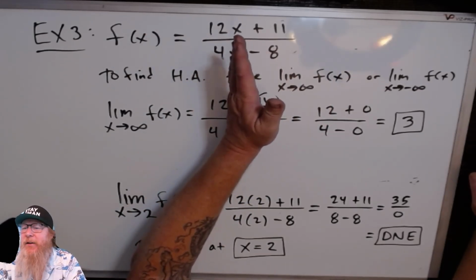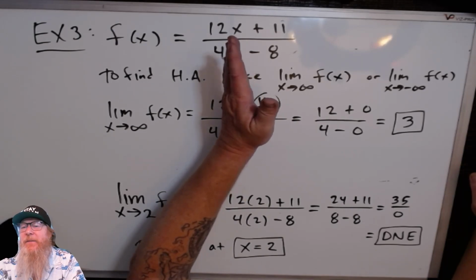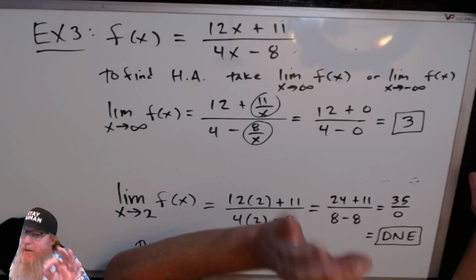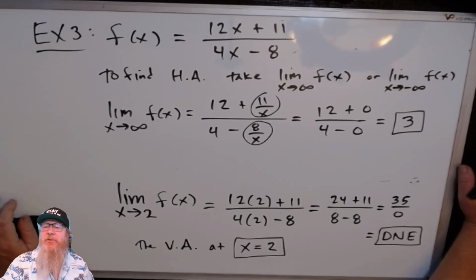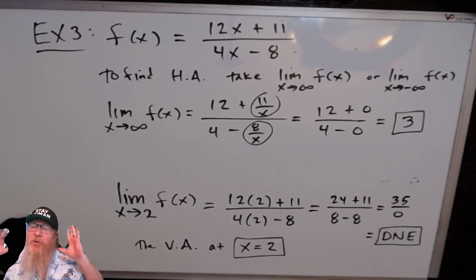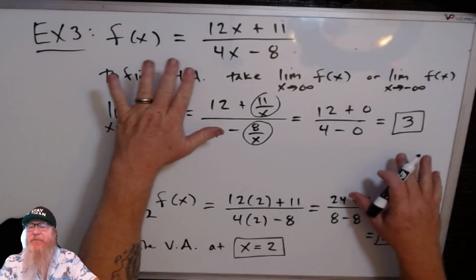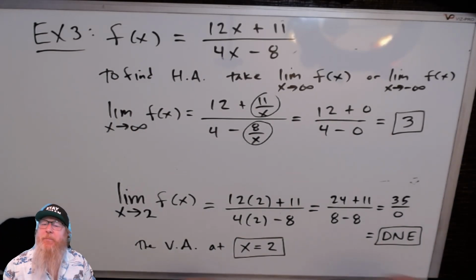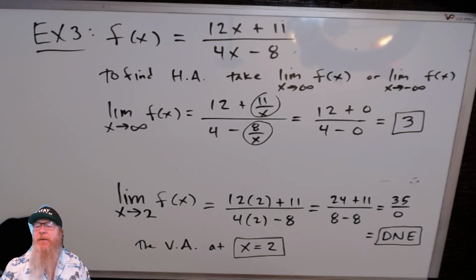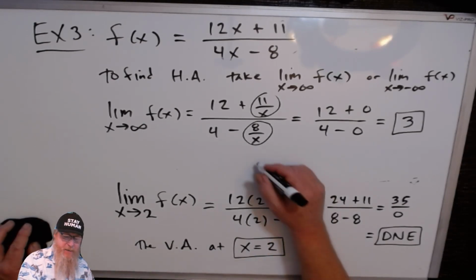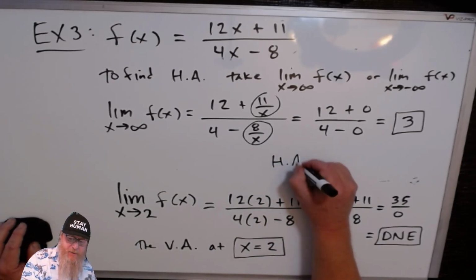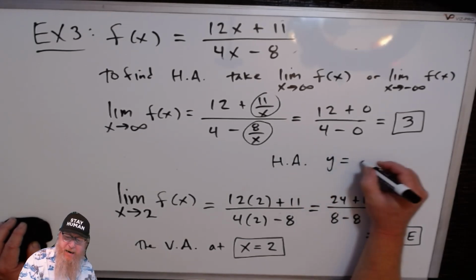And again, we've got a long way to go in this lesson still, so I might point out when that pattern is true. I recommend doing it mathematically, and then if you notice a pattern, kind of put a pin in it and see if that pattern holds up in every example. So there's a horizontal asymptote, y equals 3.